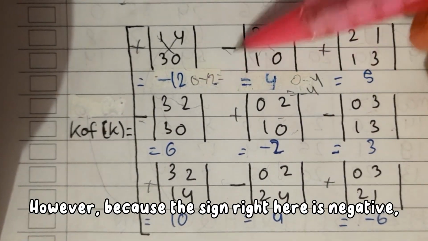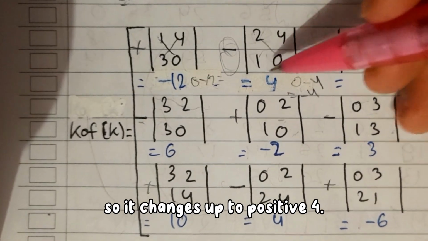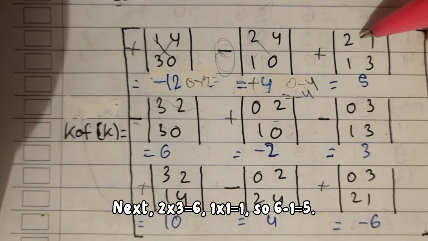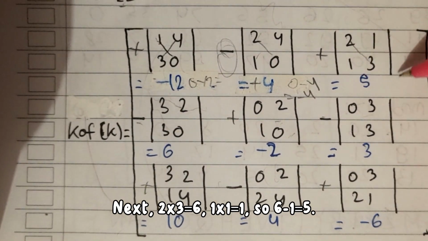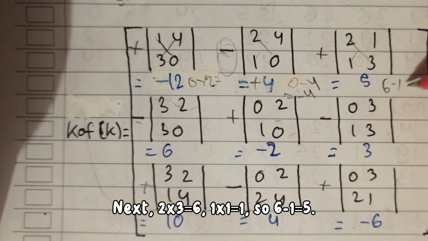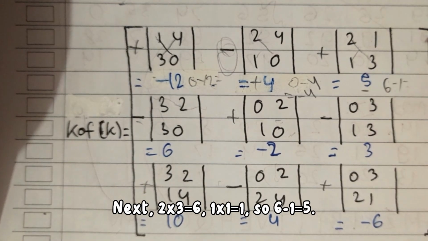However, because the sign right here is negative, it changes to positive 4. Next, 2 times 3 equals 6. 1 times 1 equals 1. So 6 minus 1 equals 5.